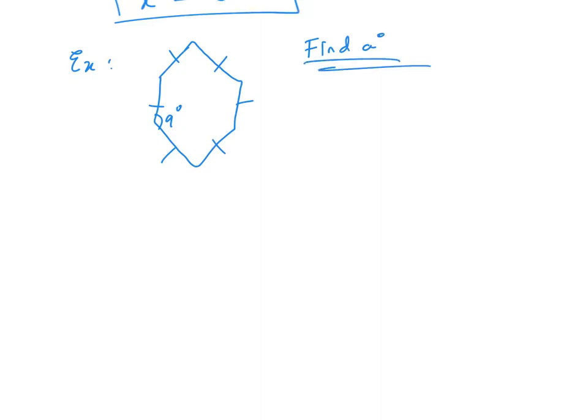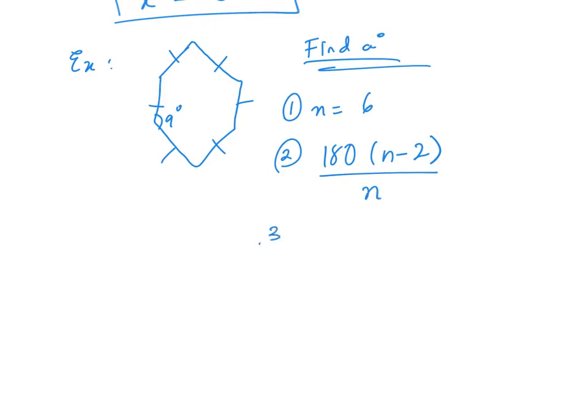Okay, our last example is where we have a regular hexagon. Assuming that all these side lengths are the same, although my drawing doesn't really represent that, we want to find A. Step 1, we need to find what n is. What's a hexagon? Therefore it's 6. Step 2, we want to find the sum of angles, so that's 180 times n minus 2, and then we want to divide that by the total number of side lengths, which is n, or angles, because we know there's going to be 6 angles here as well.